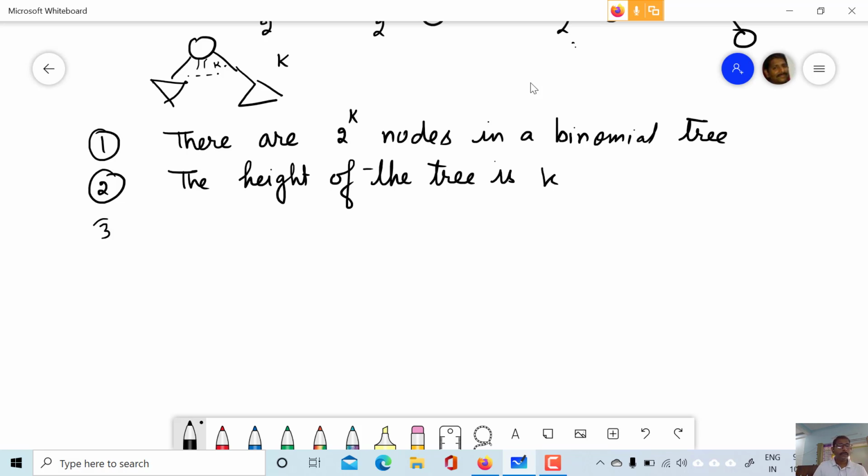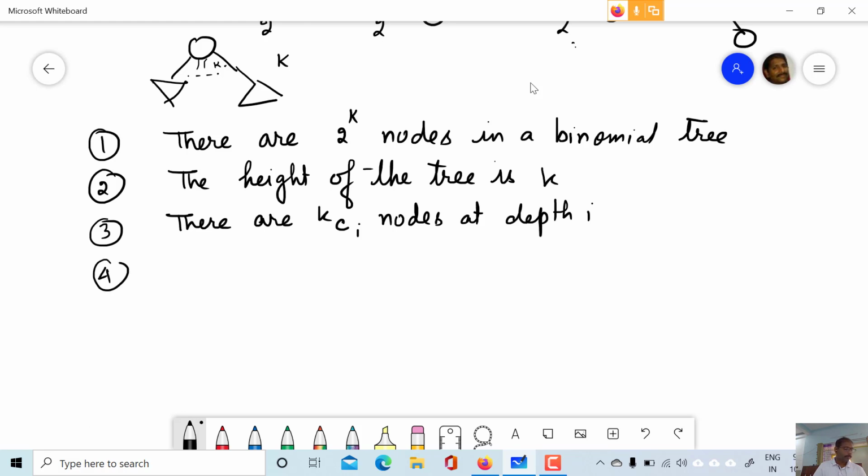The third rule is that there are kCi nodes at depth i. Okay, you know k is the degree and i is the depth of the node.